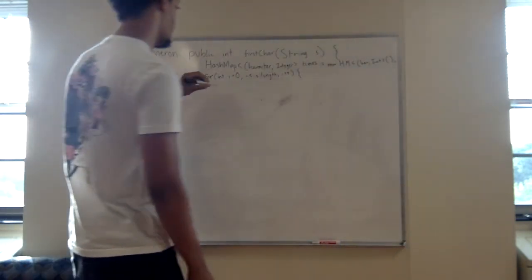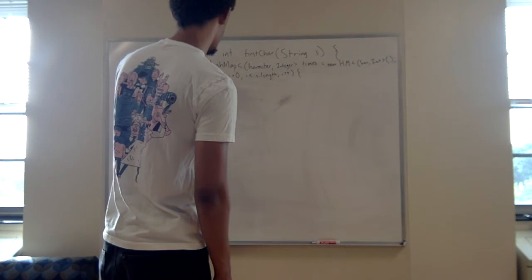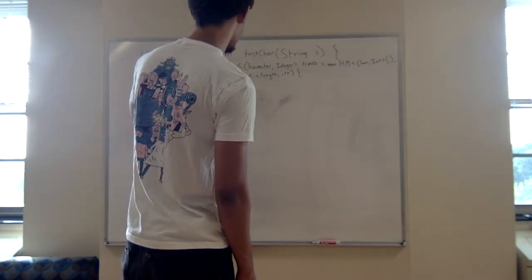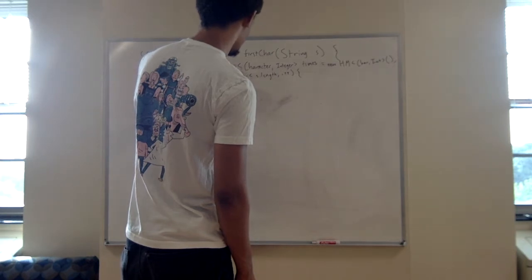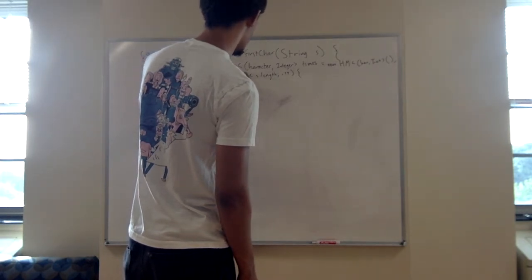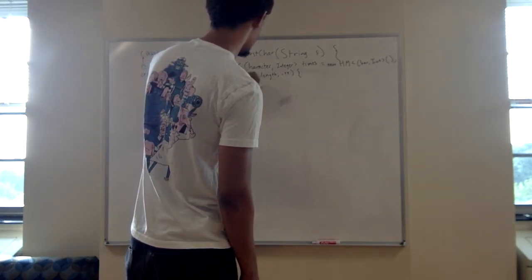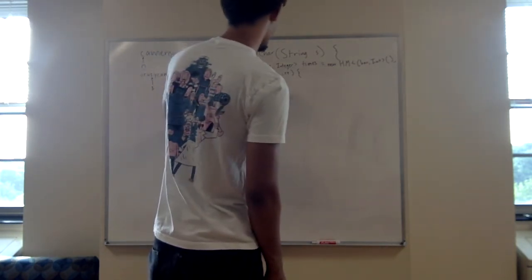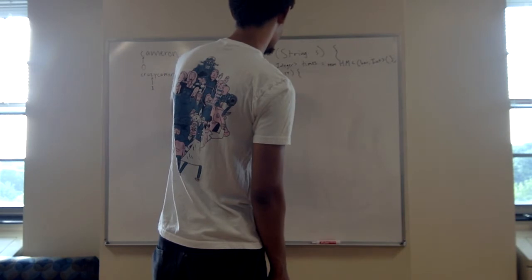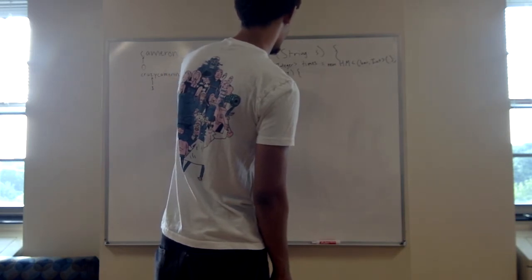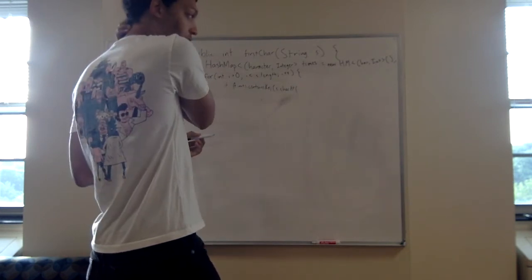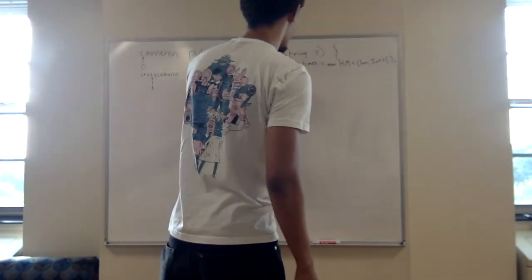And what I want to say is, if my hash already contains the character, then what I need to do is update its value to increase the number of times that it's pointing to currently.